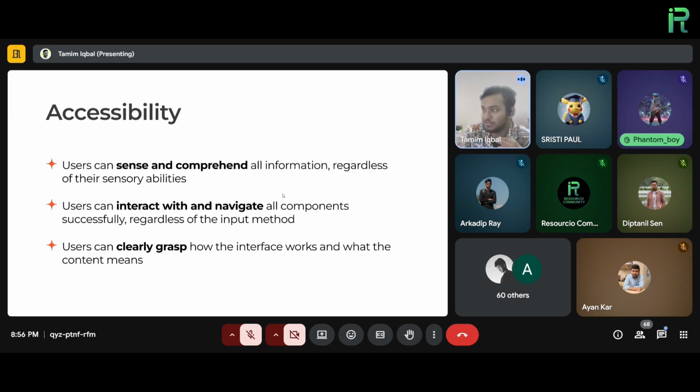And users can clearly grasp how the interface works. How clearly and consistently you design the interface, how clean you keep it, how you maintain the hierarchy, it will give your product a very mature view, and give them clarity in terms of how to use the product.